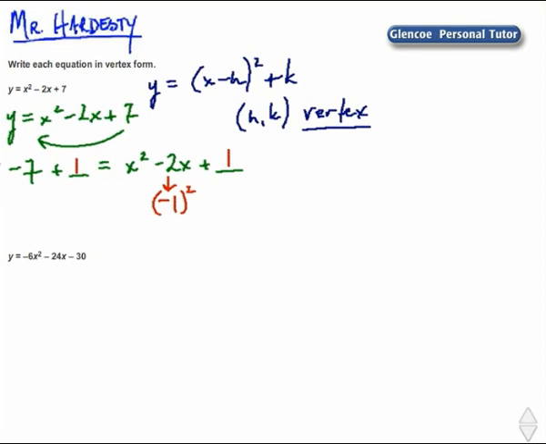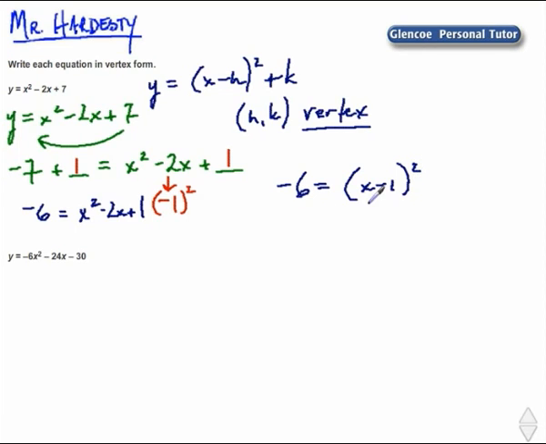Now we'll simplify. Negative 6 is our sum on the left side, and x squared minus 2x plus 1 I'll rewrite as our trinomial. We want to express that in its perfect square form. That is, negative 6 set equal to x minus 1 times itself.